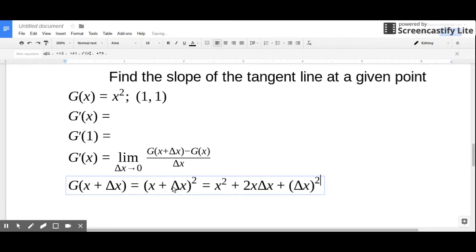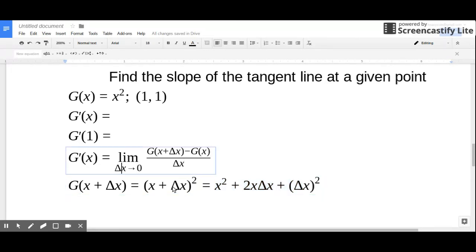All right, this is what we get when we multiply that out.